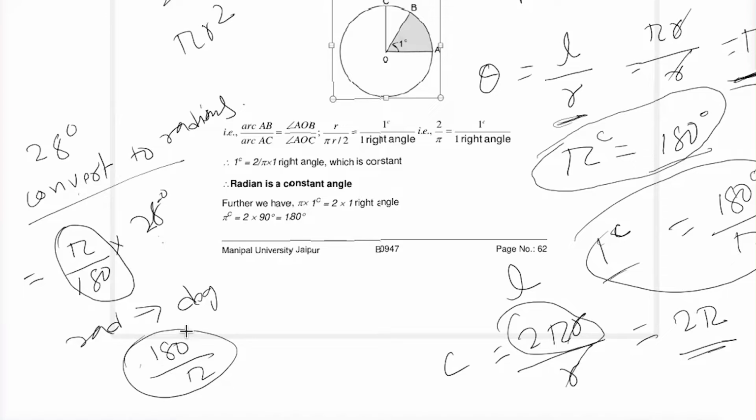Whenever you want degrees, always keep degree in the numerator, at the top. And whenever you want radian, keep pi at the top. If you want degree, keep 180 degrees at the top. If you want radian, keep pi at the top.